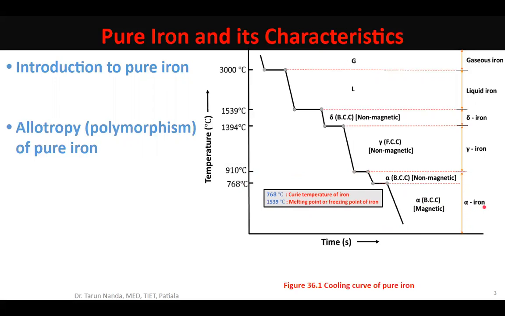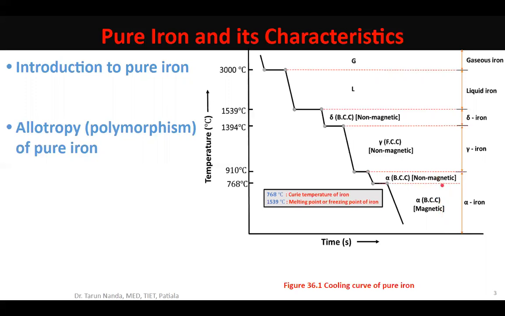Yes, there is some characteristic change which comes over here at 768. 768 happens to be the Curie temperature of iron, where iron changes from ferromagnetic character to paramagnetic character, from magnetic to non-magnetic.